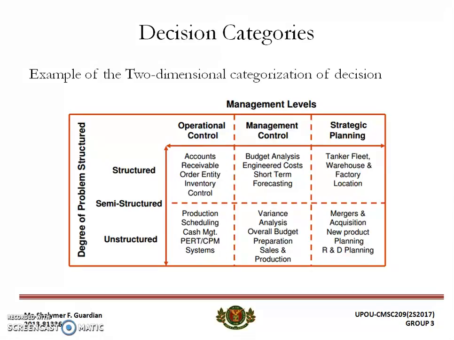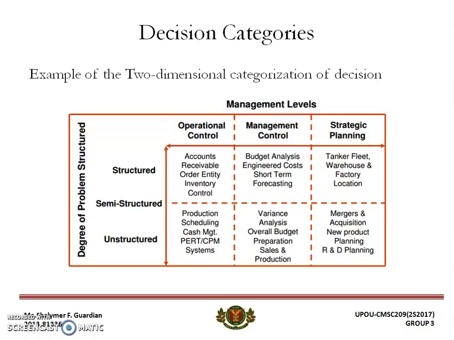As an example, for the operational control level and structured problems, these are used for accounts receivable, order entry, and inventory control. For management control or the tactical level, which are structured, these are used for budget analysis, engineered cost, and short-term forecasting.